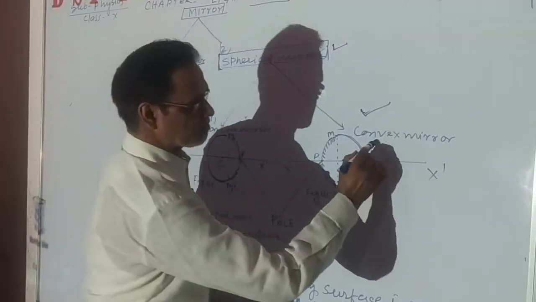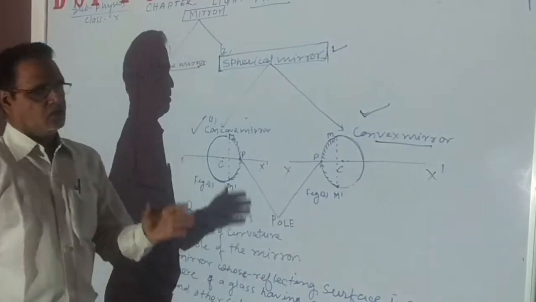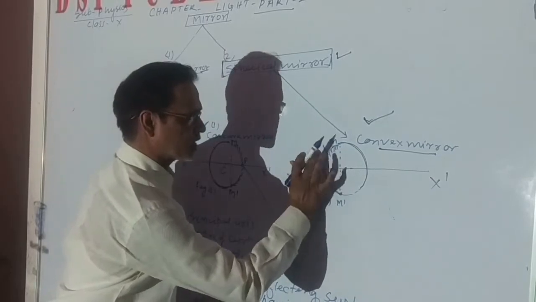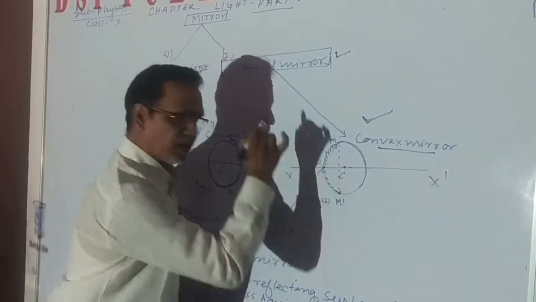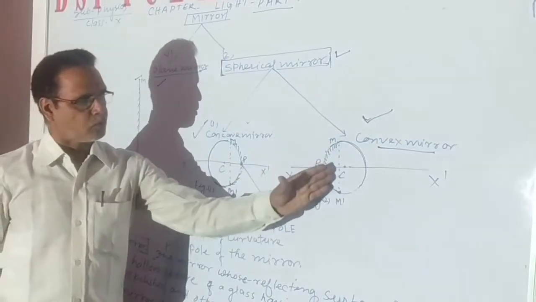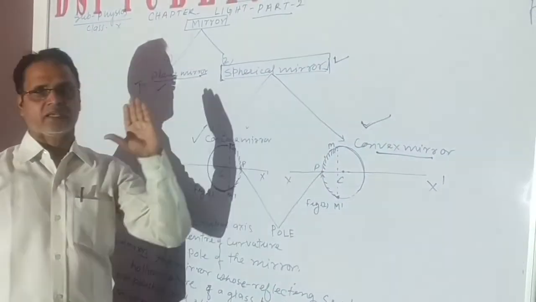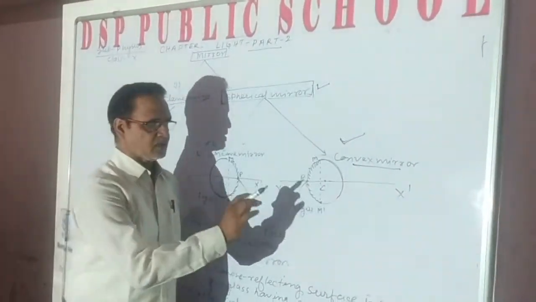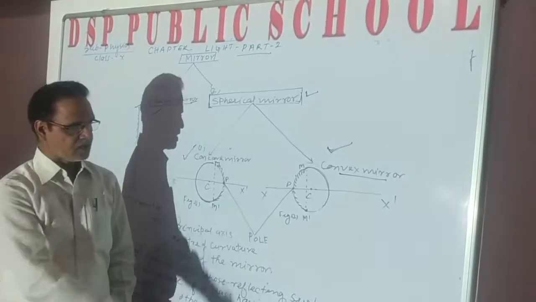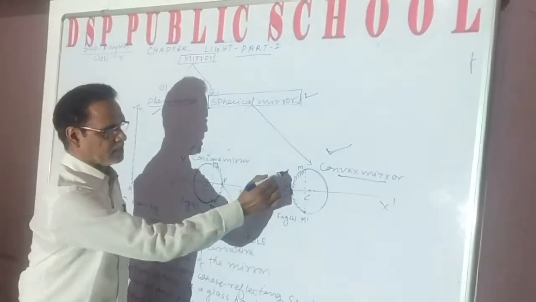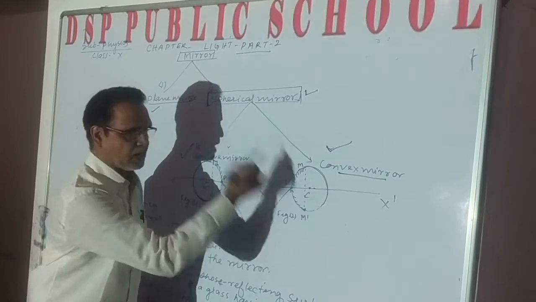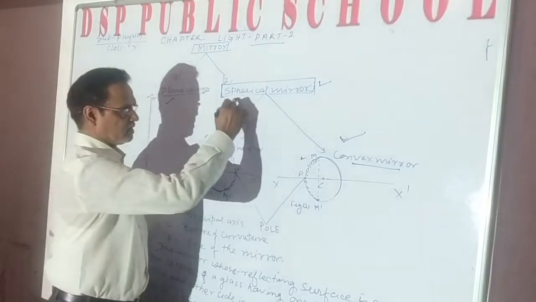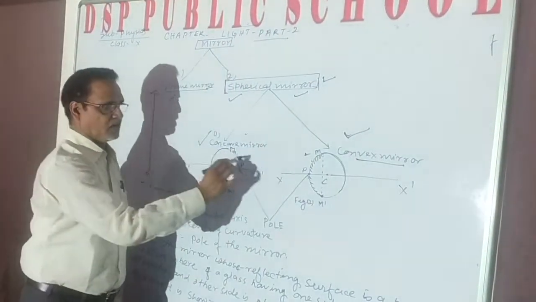And convex mirror is the mirror whose reflecting surface is bulging out, and inside is well polished; reflection takes place outside. Convex mirror is that spherical mirror whose reflecting surface is bulging out and inside is well polished. In this way, spherical mirrors are of two types, concave and convex.